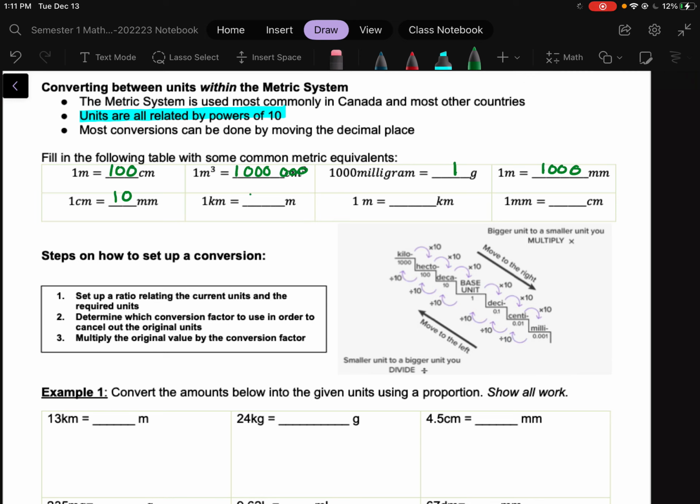Then we have kilometers to meters: we have 1,000 meters in a kilometer. If we want to go the opposite way, 1 meter into kilometers, we just move the decimal place over, so it's going to be 0.001. And last but not least, 1 millimeter into a centimeter gives us 0.1 centimeters. So that is the basis.